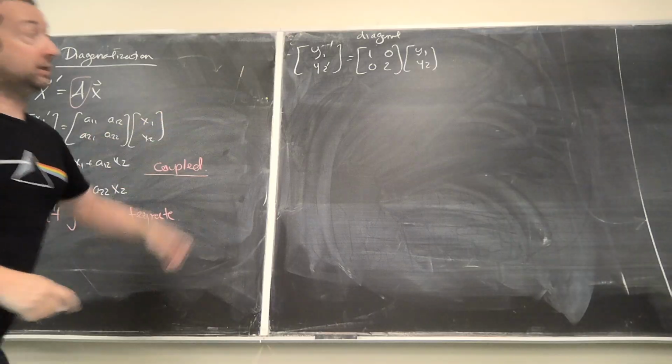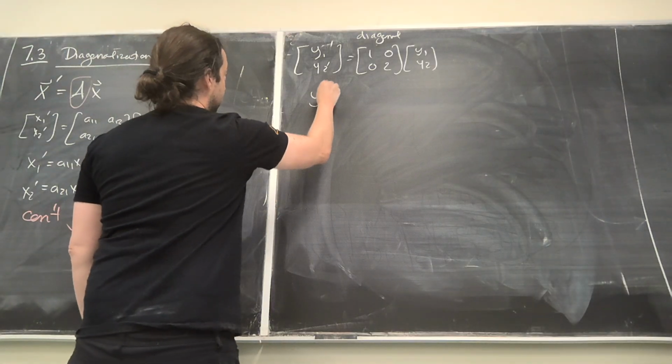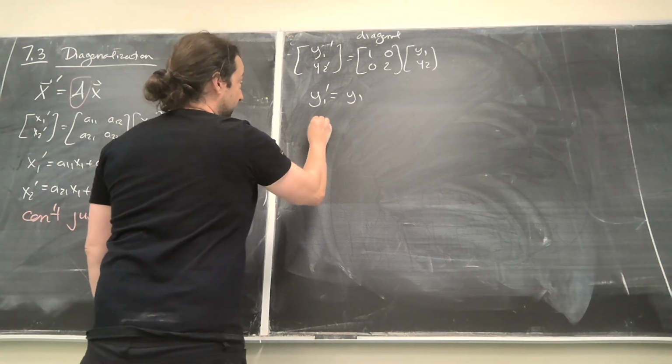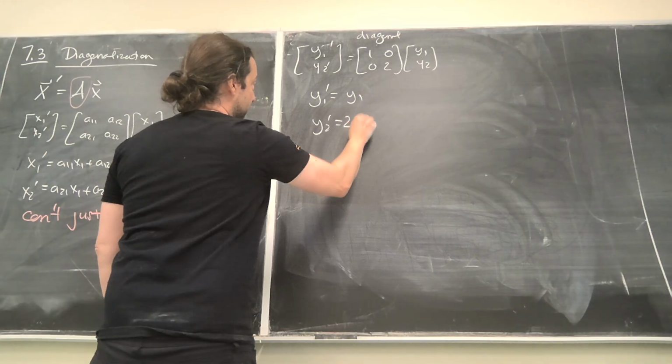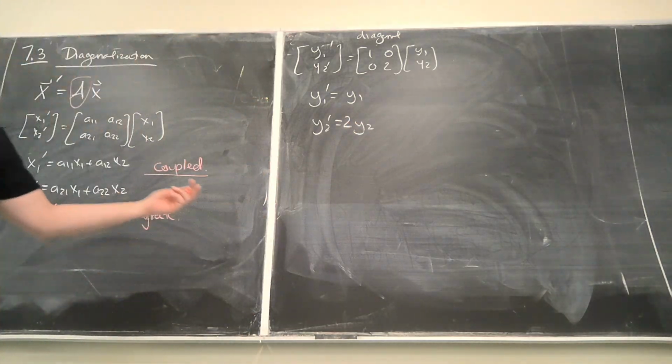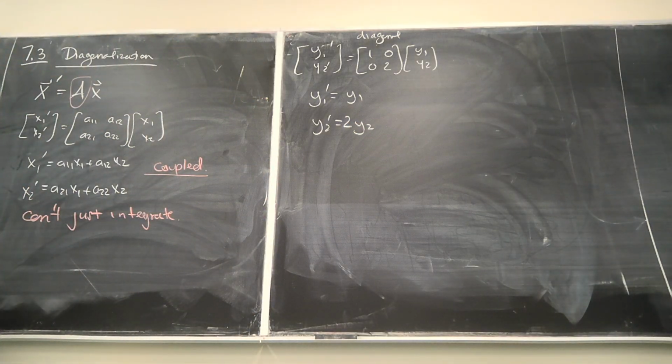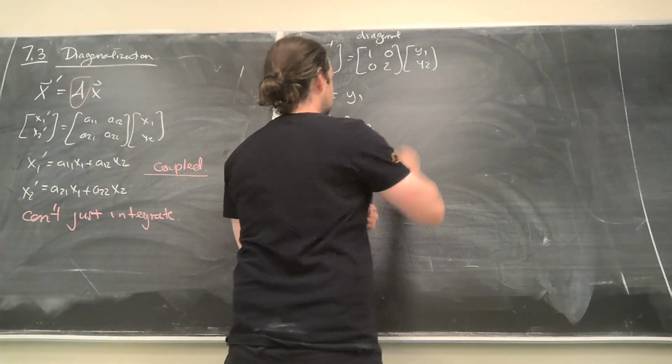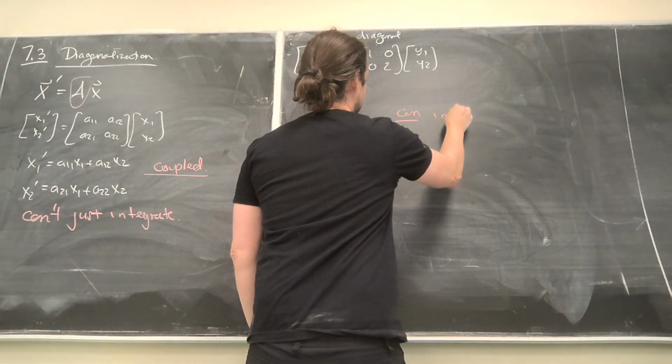If that was a diagonal matrix and you multiply this out, you get y1 prime is equal to y1, and y2 prime is equal to 2y2. I could just eyeball the solutions to that. I could use separation of variables, or I could just look at it and say, I know a function that's equal to its own derivative. It's e to the x. I know another function whose derivative is twice the original function. It's e to the 2x. I could just read off the answers. I can integrate here.